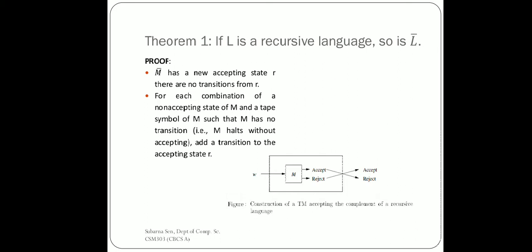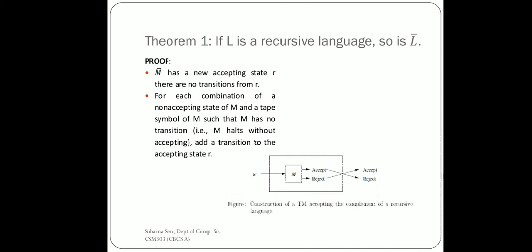How will it be converted? In M, the original machine, there were a few non-accepting states, right? But we have converted those to accepting states in M dash, and discarded all the transitions there. Now we pick each originally non-accepting state and the tape symbol it was processing, for which there was no transition in the original machine.